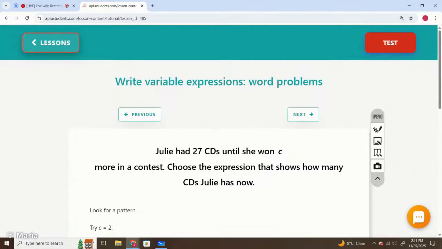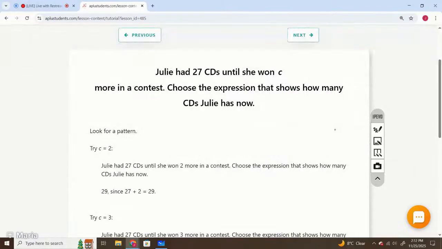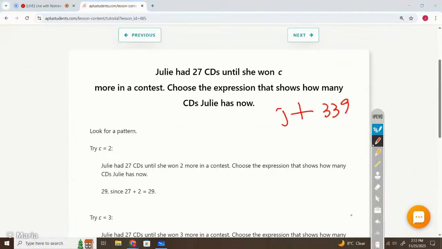Julie had 27 CDs until she won c more in a contest. Choose the expression that shows how many CDs Julie has now. She had 27 already, right?